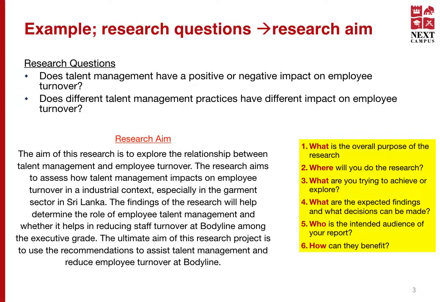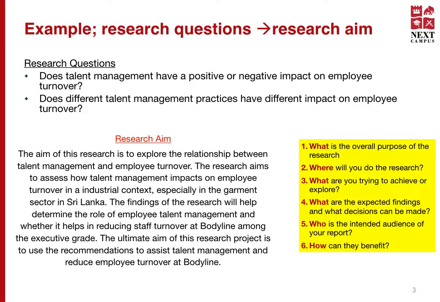Here are the questions that we asked in the previous slide, and you will see the overall purpose of the research is covered, and where the research is being done: it's done at Bodyline. What are you trying to achieve? It is trying to establish the relationship between talent management and employee turnover. Expected findings: how talent management impacts employee performance, and they want to take decisions on future talent management practices.